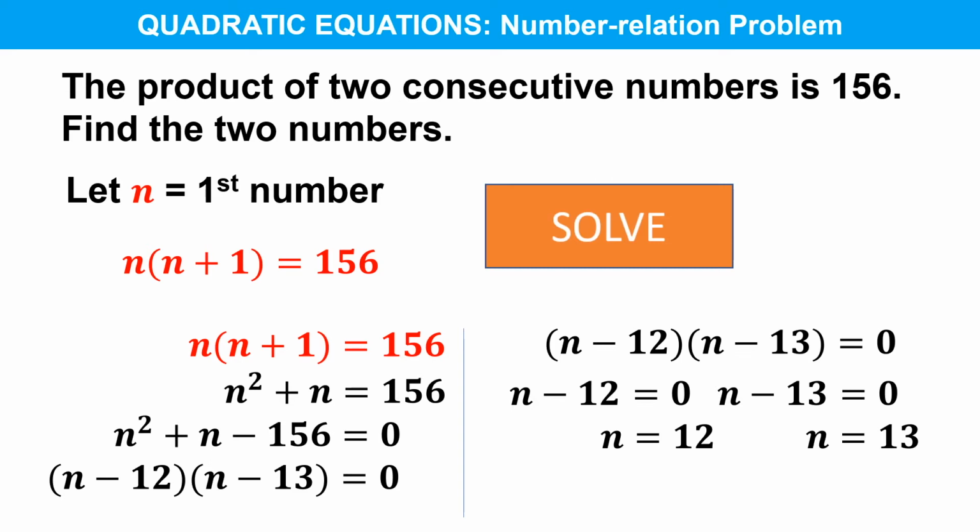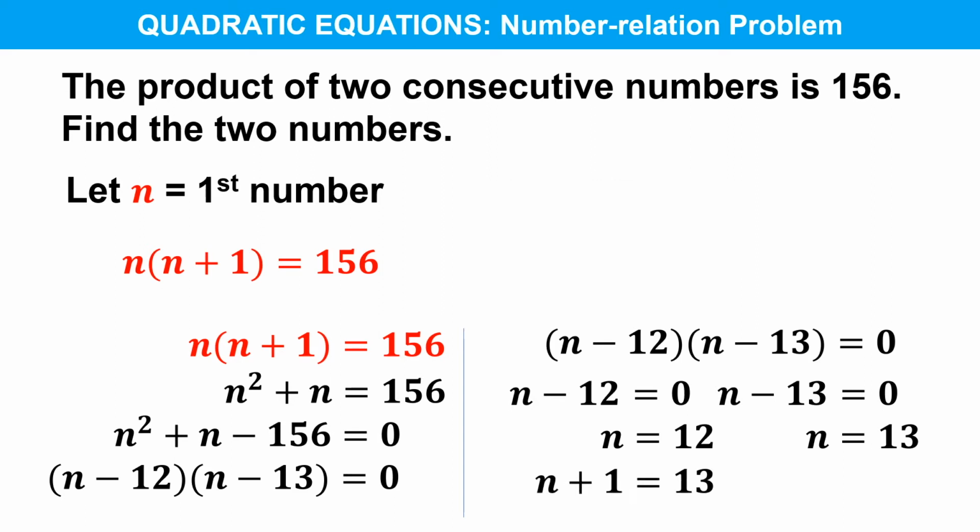But, are we going to accept both 12 and negative 13 as solutions to the problem? If n is equal to 12 and n plus 1 is equal to 13, their product is 156. That's okay. If n is equal to negative 13, n plus 1 is equal to negative 12, and their product is 156.